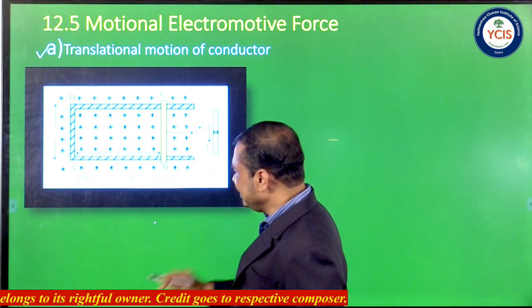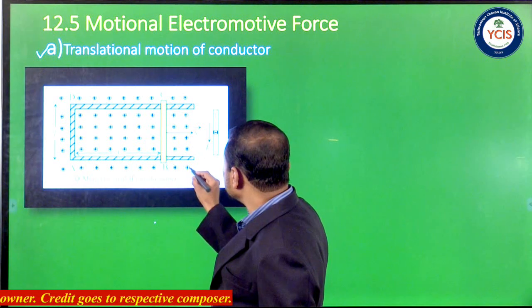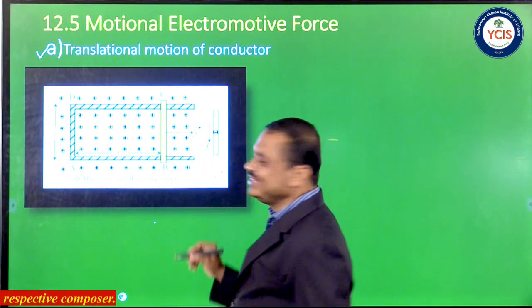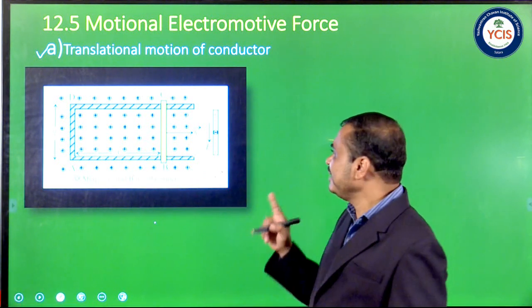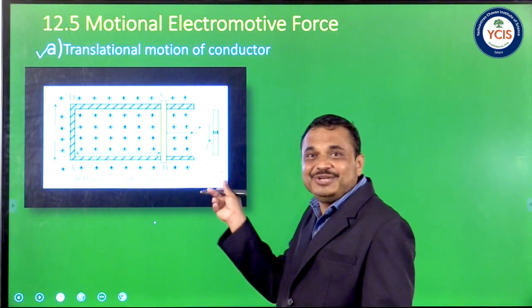So here the magnetic field is shown by these dots. So this is indicated this way. That is, this plus sign indicates that this field is perpendicular to the plane of the screen and directed inward.